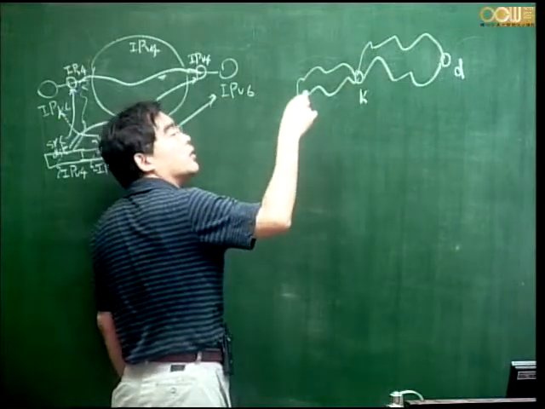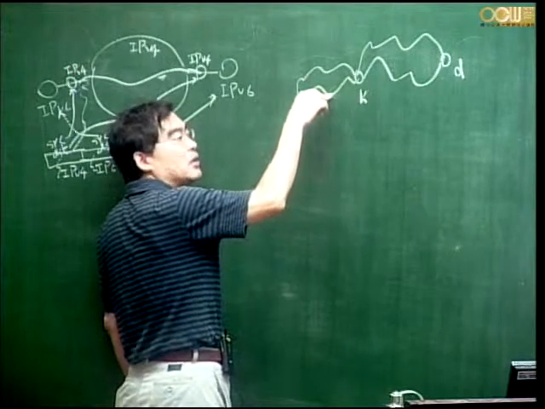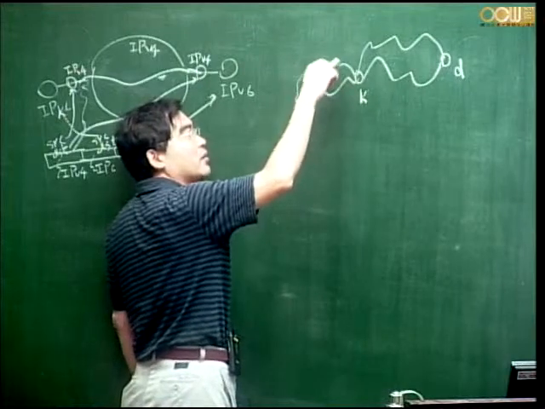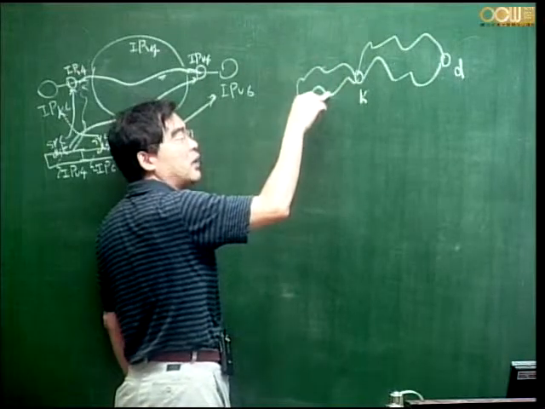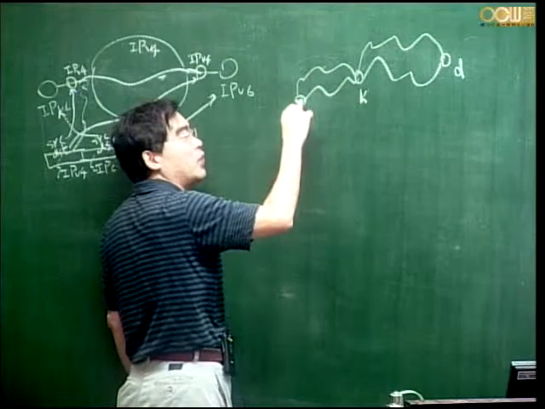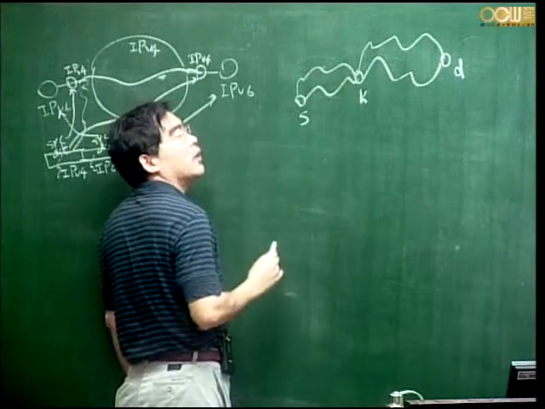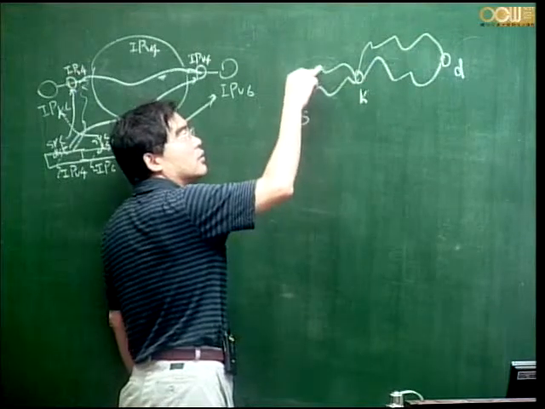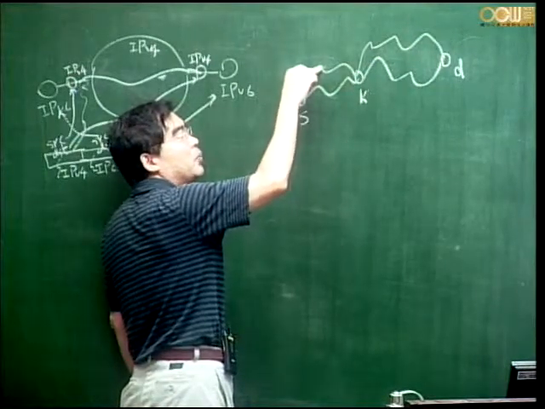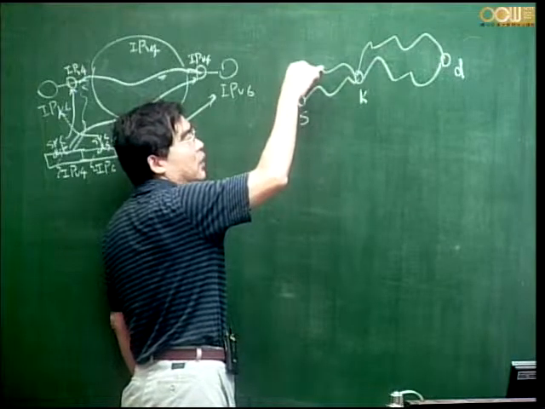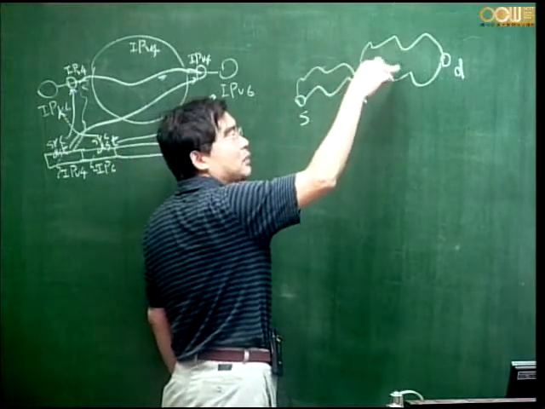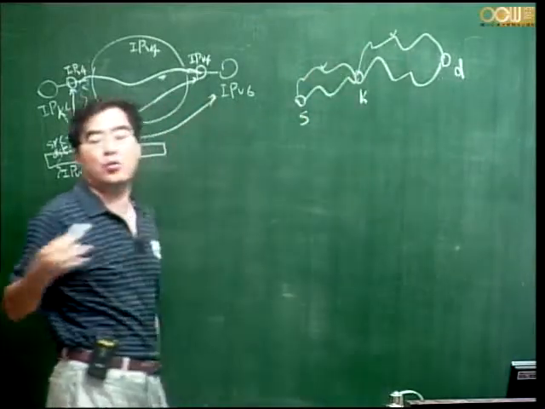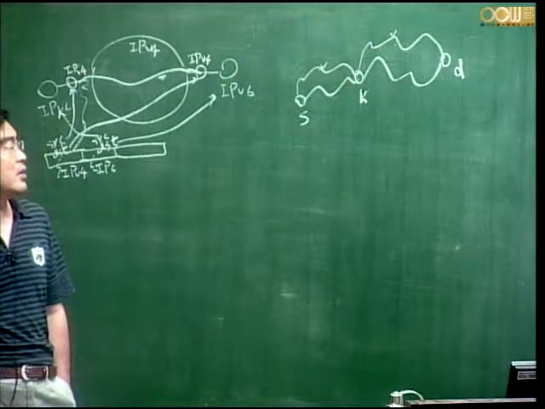And if we say this path is not the optimal path from S to K, and this other path is the optimal one, then we can prove by contradiction: if this is the optimal path from S to K, I would take it, and if this is the optimal path from K to D, I would take this too, and then form an optimal path from S to D.